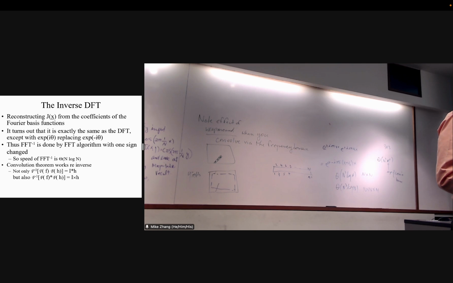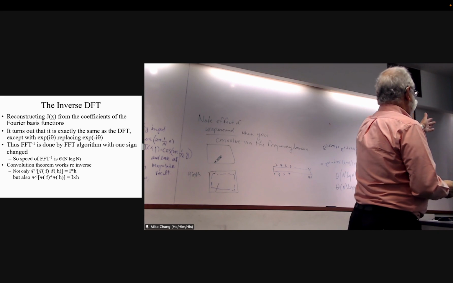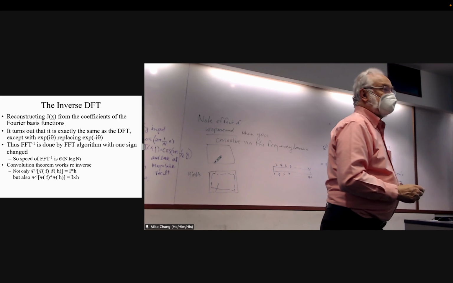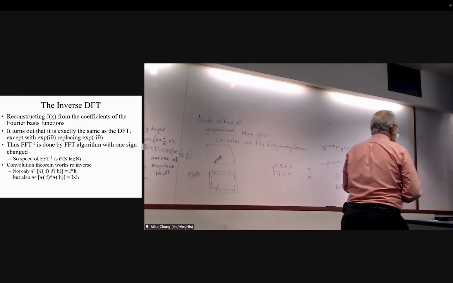Right? And so you will not find two programs, a DFT and a DFT inverse. You'll find one with a parameter that says either it's a forward DFT or it's an inverse DFT. And you set that flag, that parameter, and you get either the forward DFT or the inverse DFT.